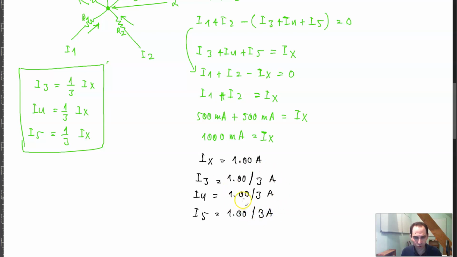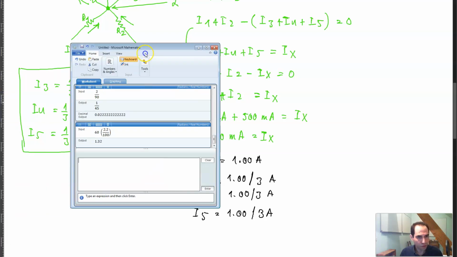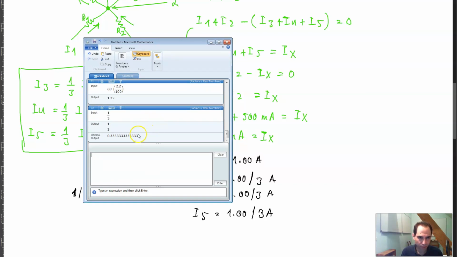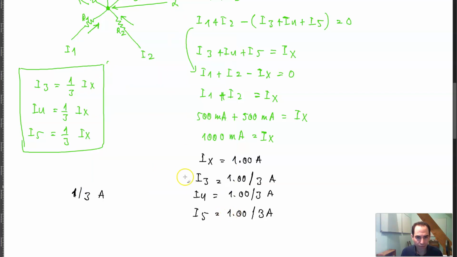The reason you should do that is that if you say 1 divided by 3 amps, then this number would have only one significant figure. 1/3 is the same thing as 0.333 repeating, right? Depending on the number of significant figures that you have here, you would write that number as 0.3 if you have one significant figure.